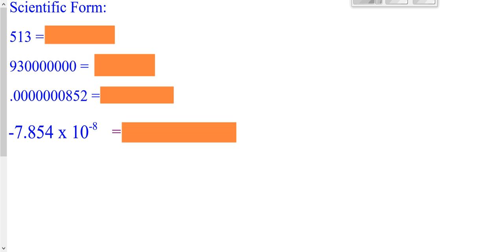And then we're going to wrap up with scientific notation. With scientific notation, you want to go ahead and move your decimal point. And by the way, your decimal point right here now is here. You want to move it so that there's only one digit in front. So in this case, we had to move it once, twice. So we're going to go 5.13 times 10, and the exponent on the 10 is how many decimal points you moved it.